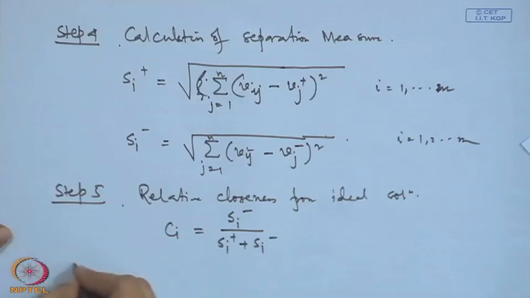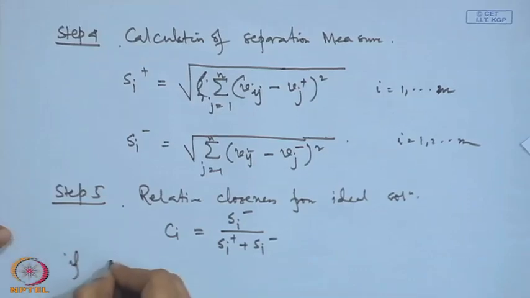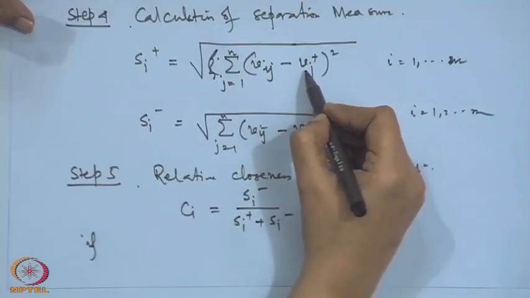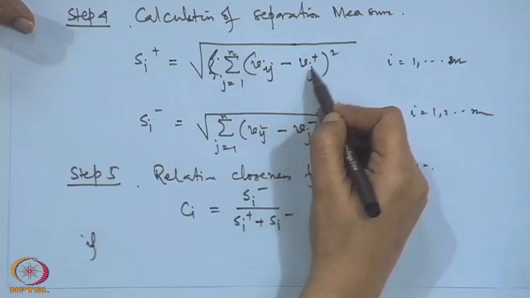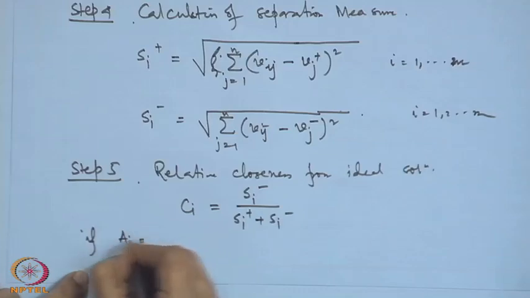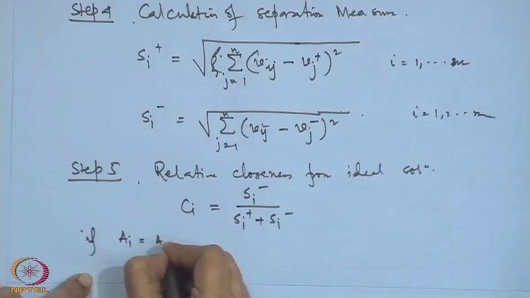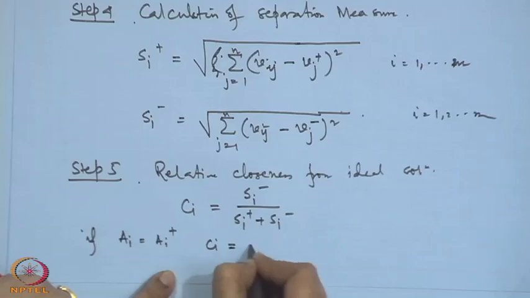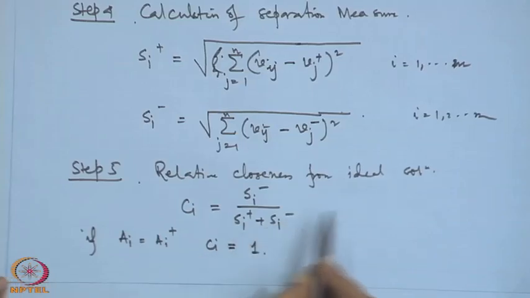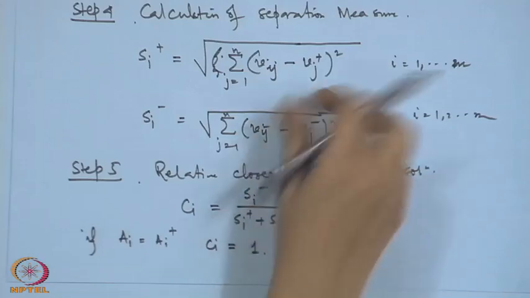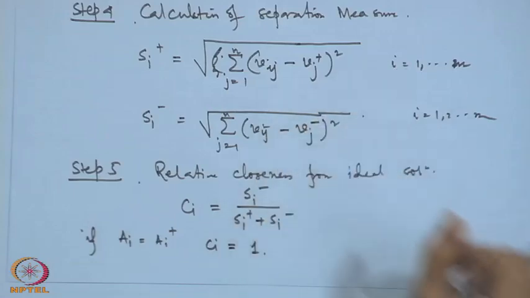We could see that if the elements are the ideal solution, that is V j plus, that means if V i j is V j plus, then we get C i equal to 1. And if the elements are all the anti-ideal points, then the value would be 0, clear.